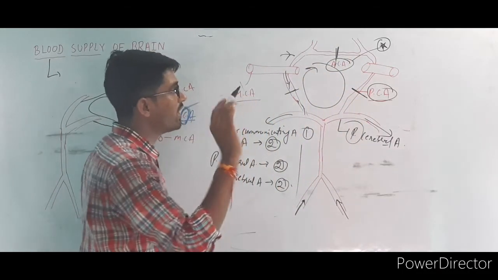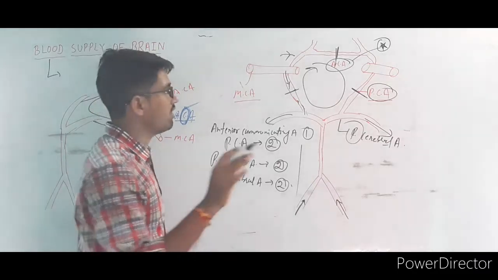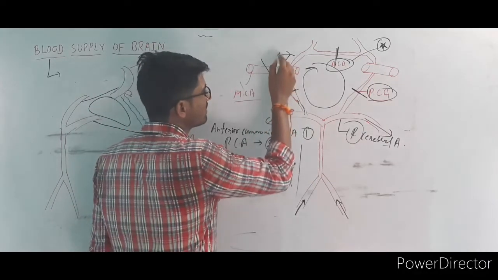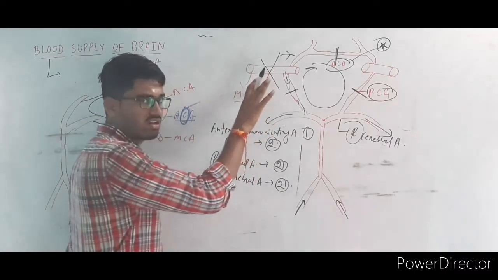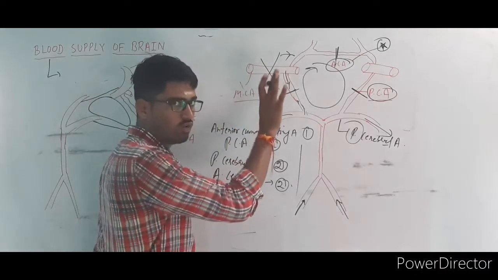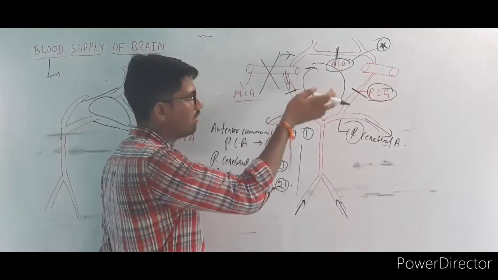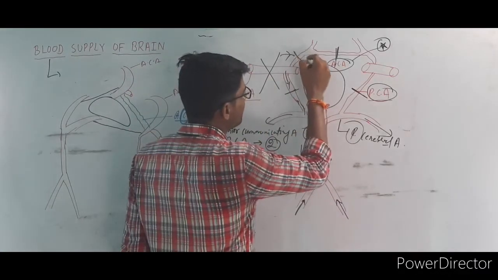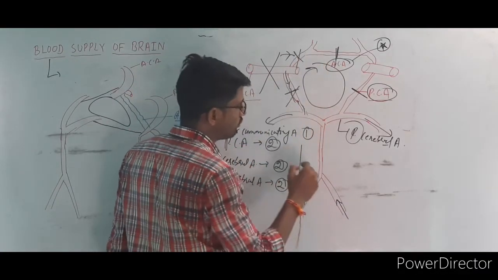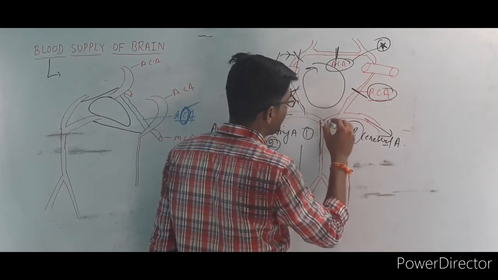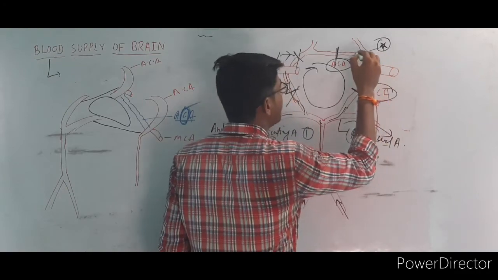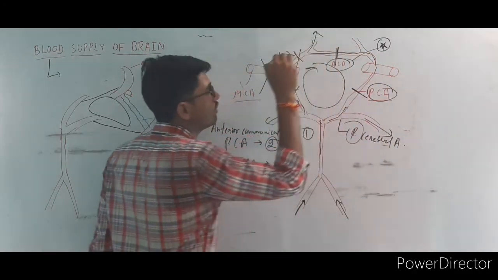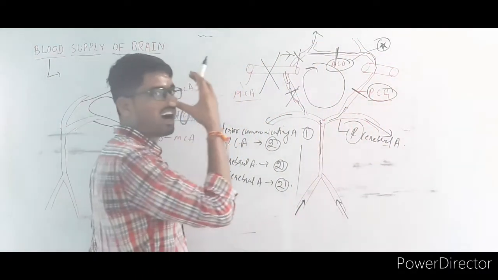So if one major blood vessel is getting damaged, or if there is any blockage of the internal carotid artery, maybe there is embolism or whatever, right? So what will happen? Here blood supply will be affected. Blood will come from here, enter here, and go through this pathway, and after that it can go above.